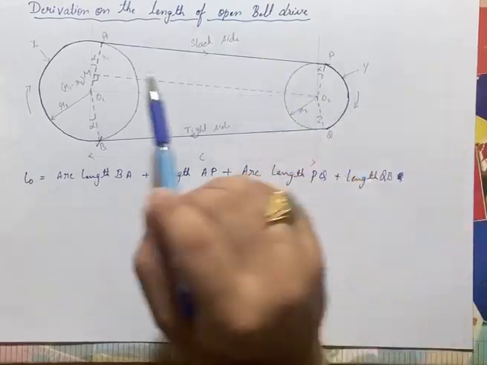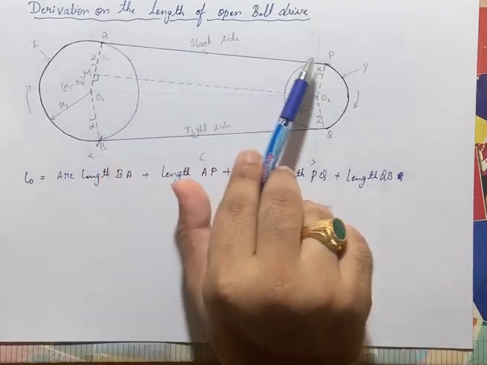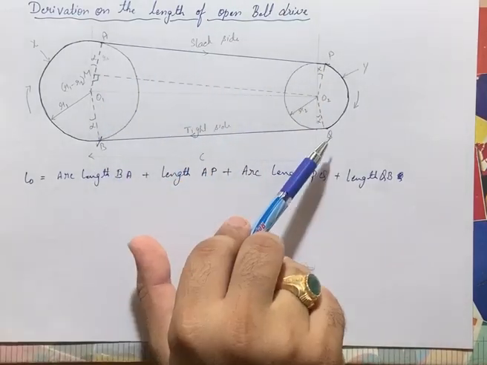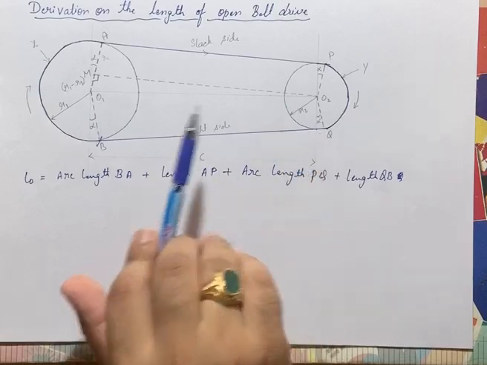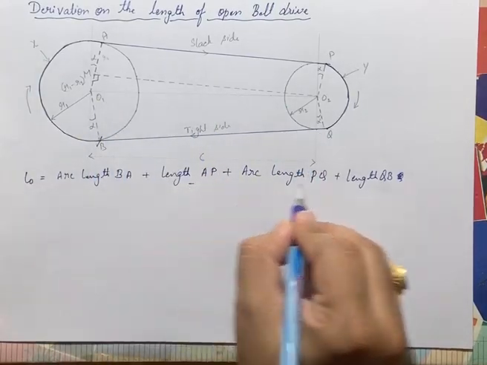Now we know that the length AP should be equal to BQ, so these two lengths are the same.